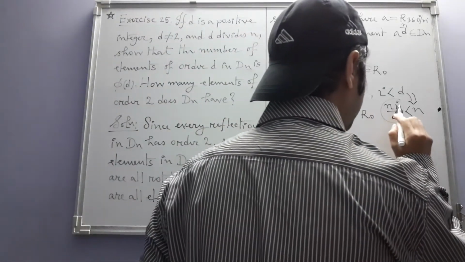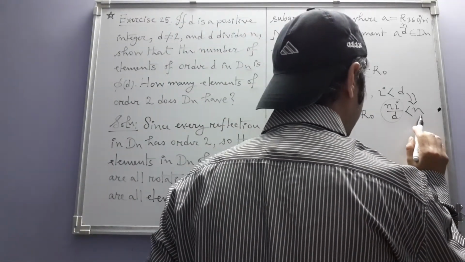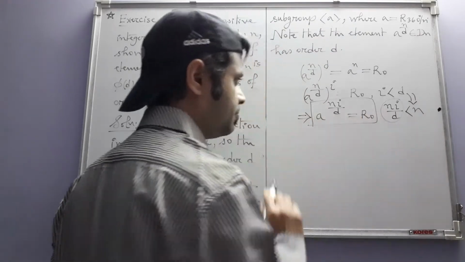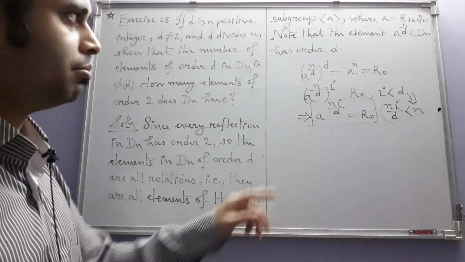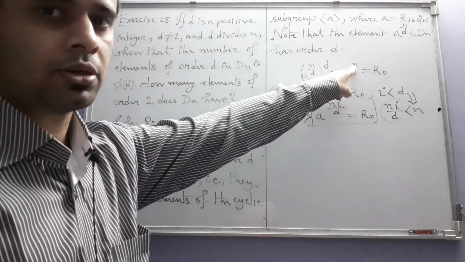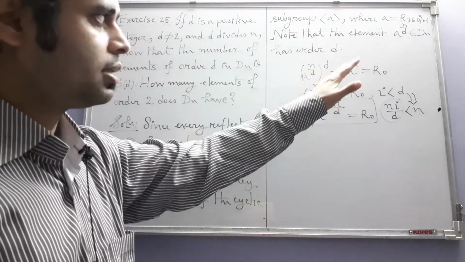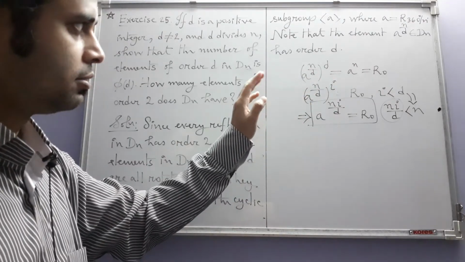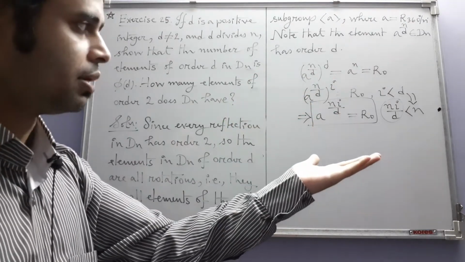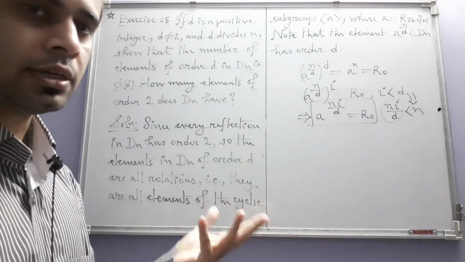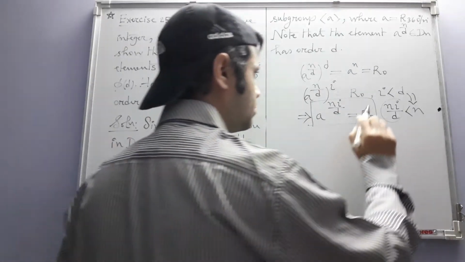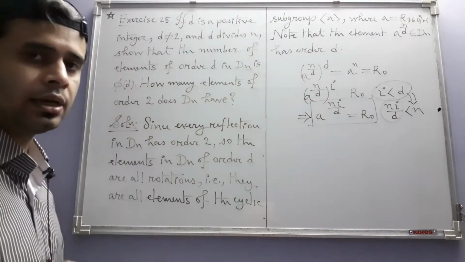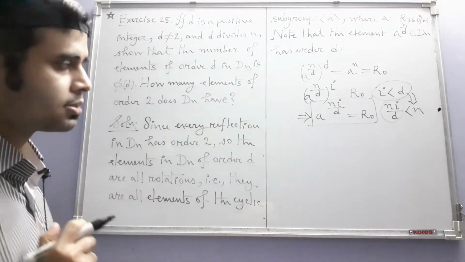So this is a positive integer smaller than n for which this equation is true, and that contradicts the minimality of n, because n is the order of a, meaning n is the smallest positive integer such that a to the power n is the identity. That contradiction stems from the supposition that such an i exists. So such an i cannot exist.